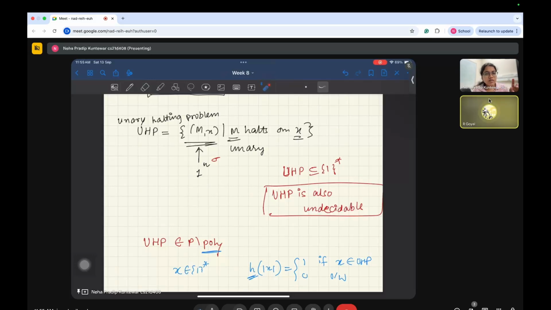What is a valid instance for you? The one that belongs to the language? Because the UHP itself is a sequence of words, and some portion of it would be the description of the Turing machine, and some portion would be the given input, isn't it?